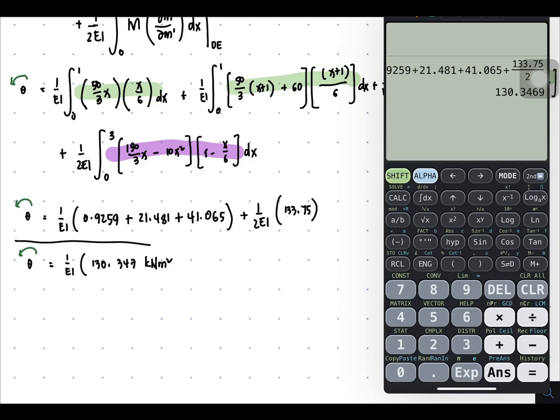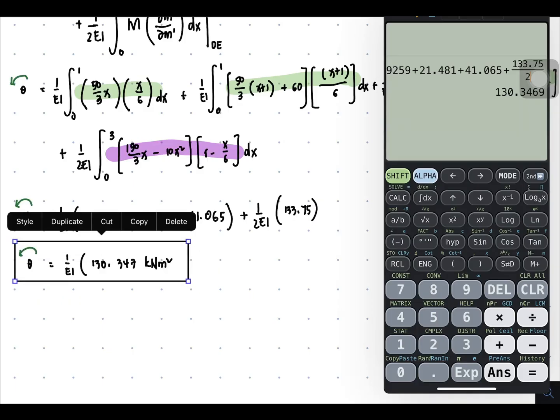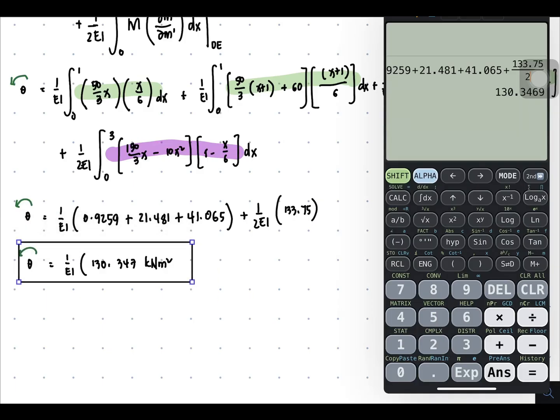The unit is kilonewtons square meter. And we obtained a positive value, so our slope's assumption is correct. So let me just have the label here. Slope at the right support.